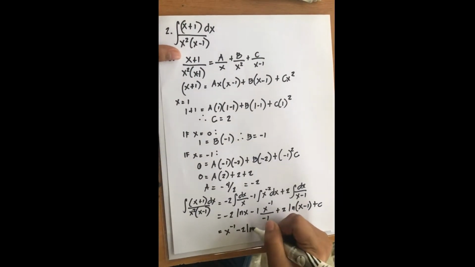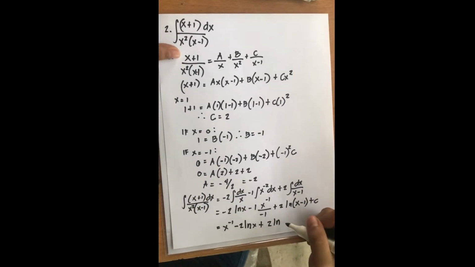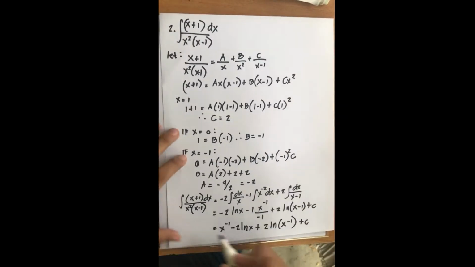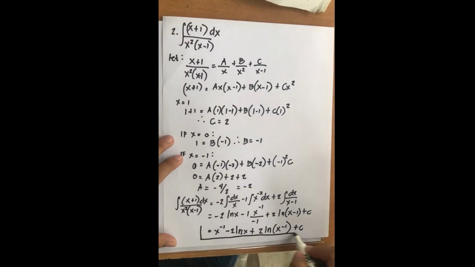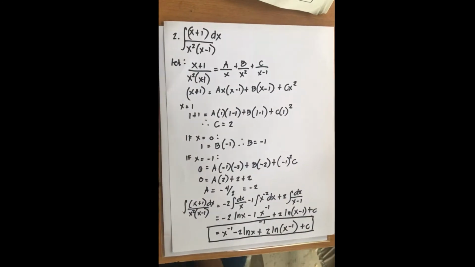Thus we get x to the negative 1 minus 2 ln x plus 2 ln (x minus 1) plus c. And this is our final answer for this problem.